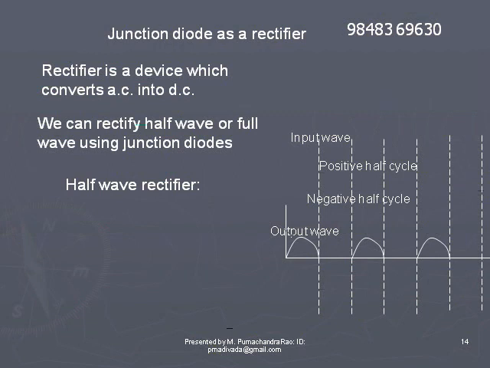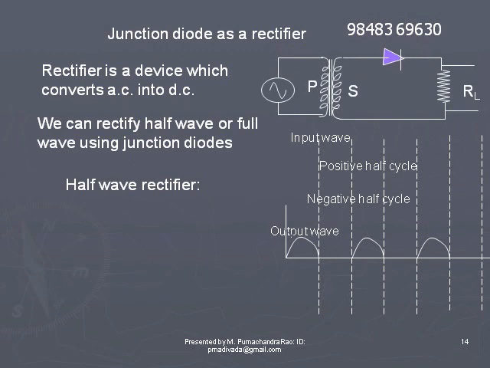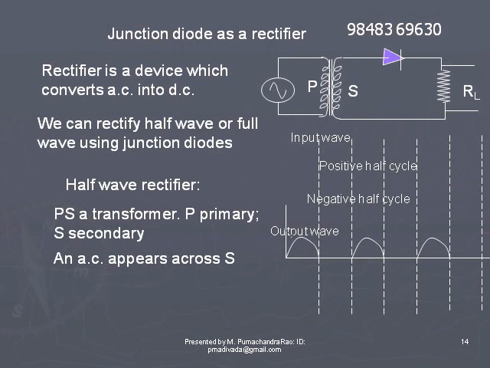To study the half wave rectifier, we need a circuit diagram. In the circuit diagram, we notice PS, that is a step down transformer. P is primary, S is secondary. The line voltage is applied across the primary P, and a small voltage appears across the secondary.